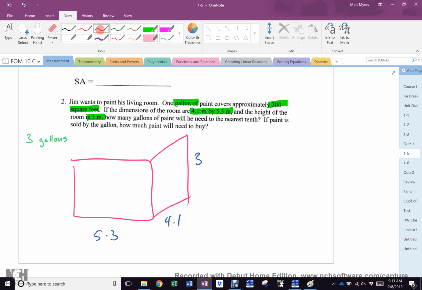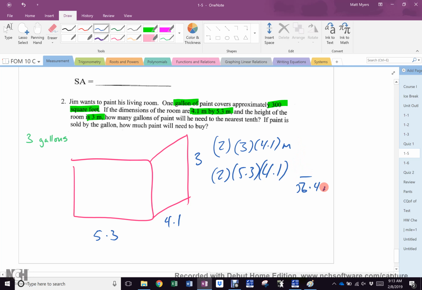So this wall right here is 3 by 4.1 meters, correct? How many walls are there? 2. Times 2. This is 2 by 5.3 by 4.1, correct? That, when you do that math, gets you 56.4 meters squared.